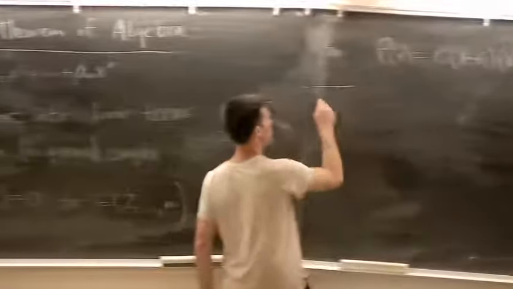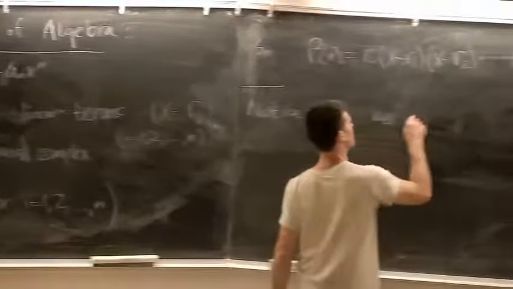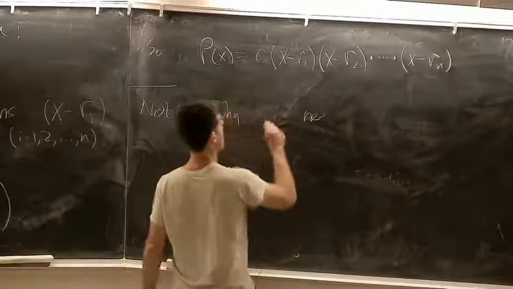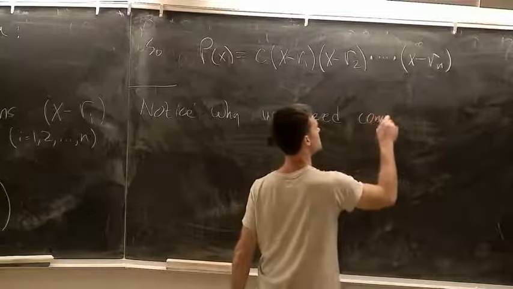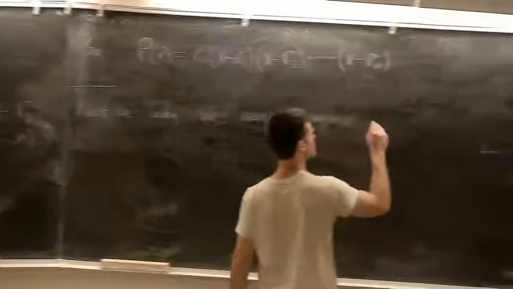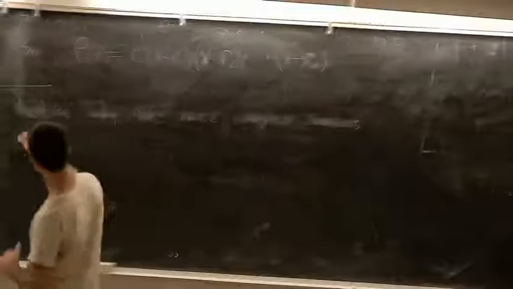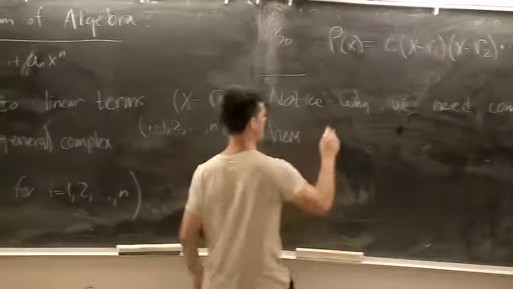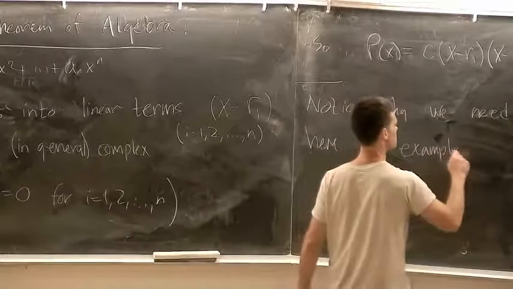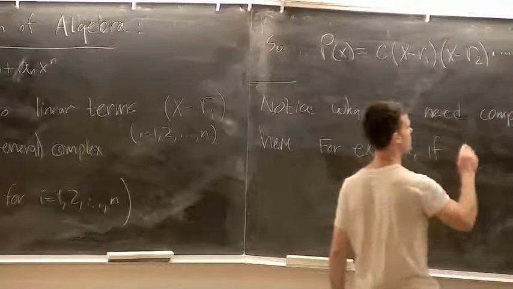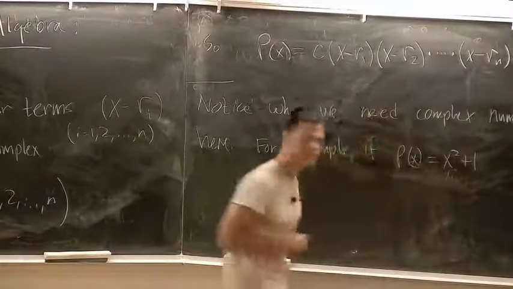So notice why we need complex numbers here. For example, if my polynomial was just the simple quadratic x squared plus 1.